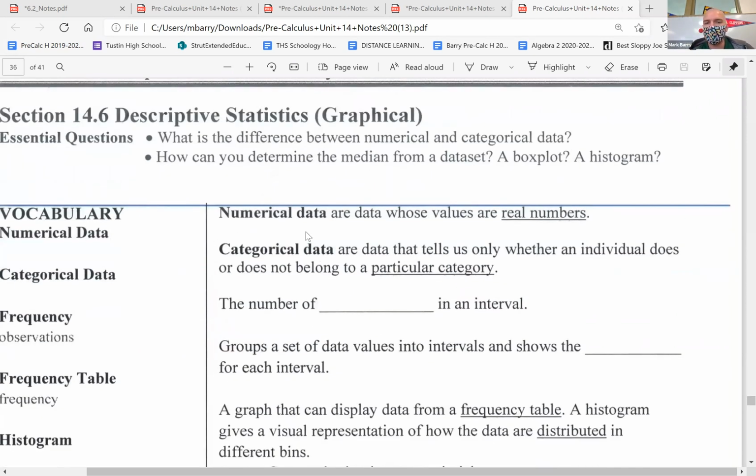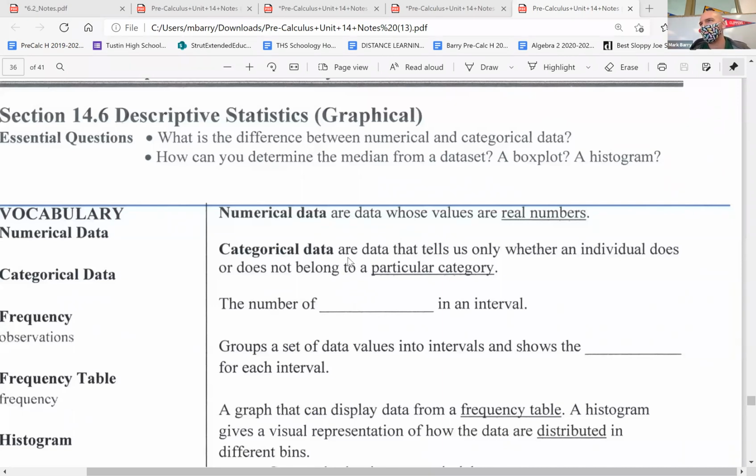So we have numerical data, which is data whose values are real numbers, and then categorical data are data that tell us whether an individual does or does not belong to a particular category. So I said last section, the difference between these two is that numerical data would be like if I asked everyone in the class what was their height in inches. All right, we could find the mean, median, and mode on that, right?